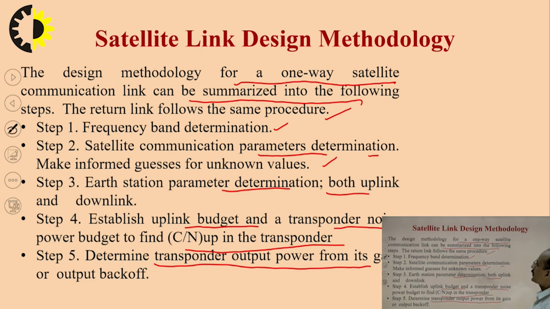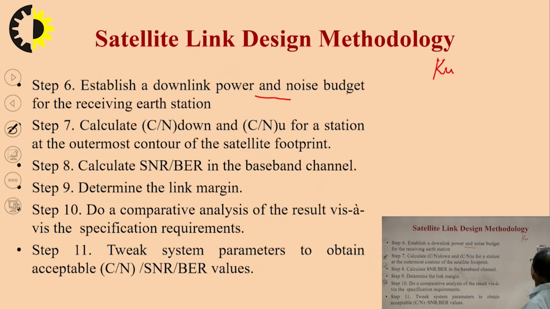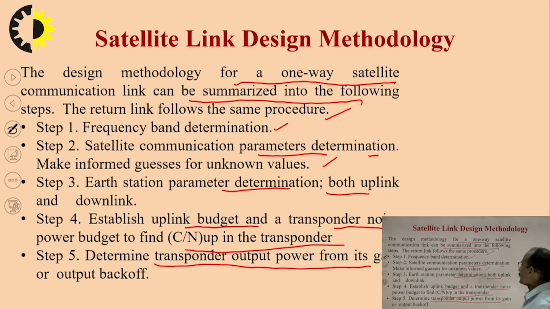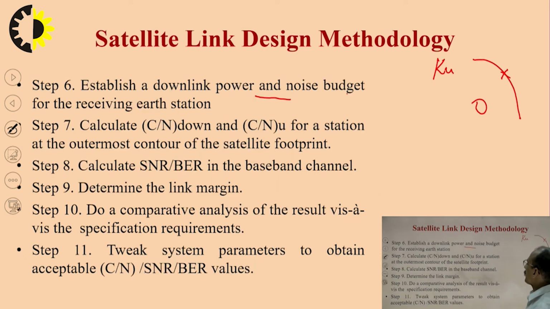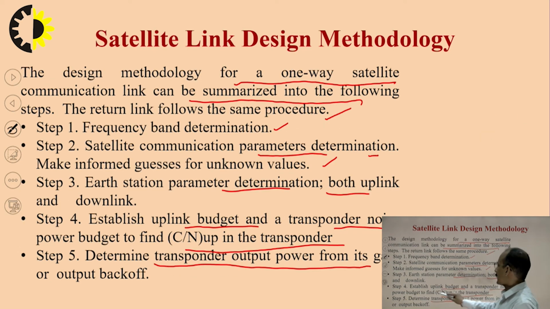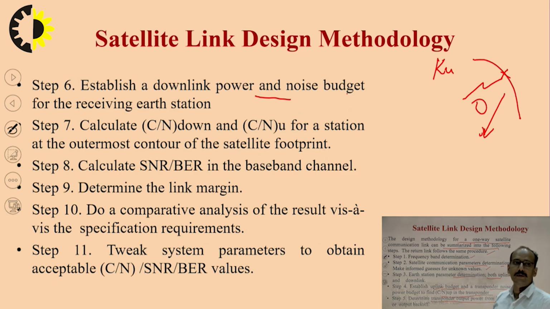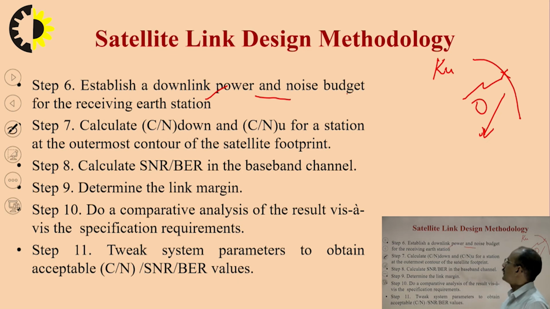Then you are doing the satellite communication parameter, means this is the earth, this is the orbit, where you are going to locate the satellite. Then you have to find out the parameters, this is the uplink parameters, this is the downlink parameter. You have to calculate C by N ratio, means here you can see that you are doing it for the uplink, and whether you are doing it for the downlink.